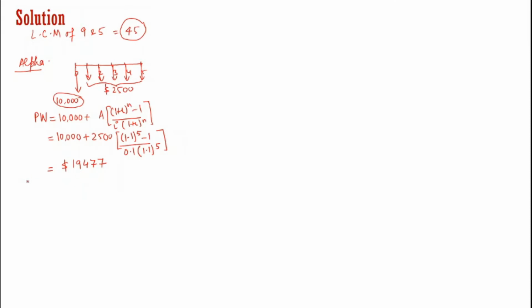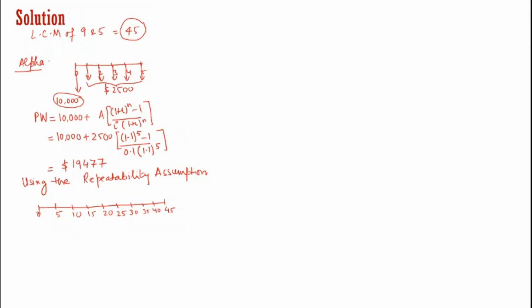Now, using the repeatability assumption, that is, if I extend this cash flow for 45 years, 0, and this is 45, I just draw it in multiples of 5: 5, 10, 15, 20, 25, 30, 35, 40.